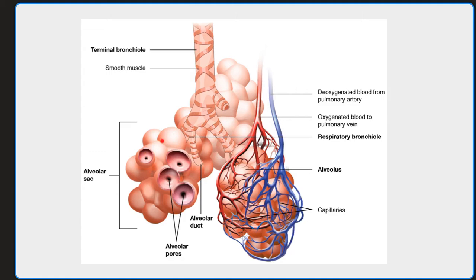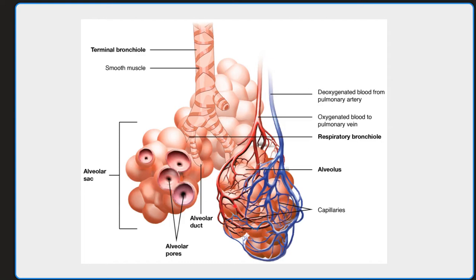And so for you to get a better understanding of how these work, these little areas that basically look like grapes and grape-like clusters is where the air needs to enter into. So it needs to get all the way down into these areas because this is where gas exchange is going to occur.